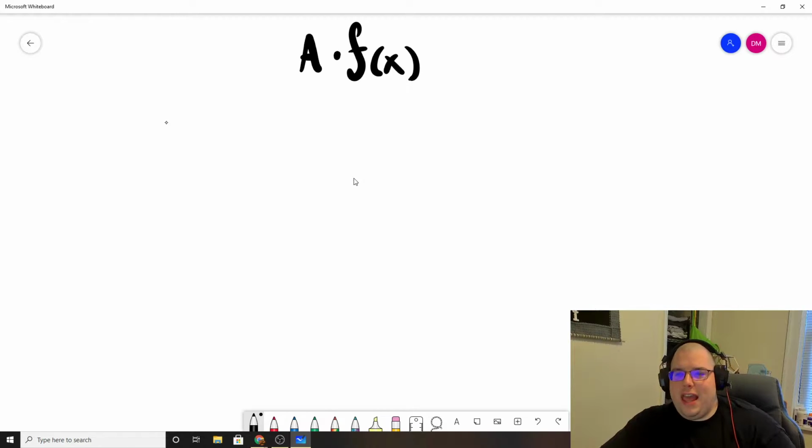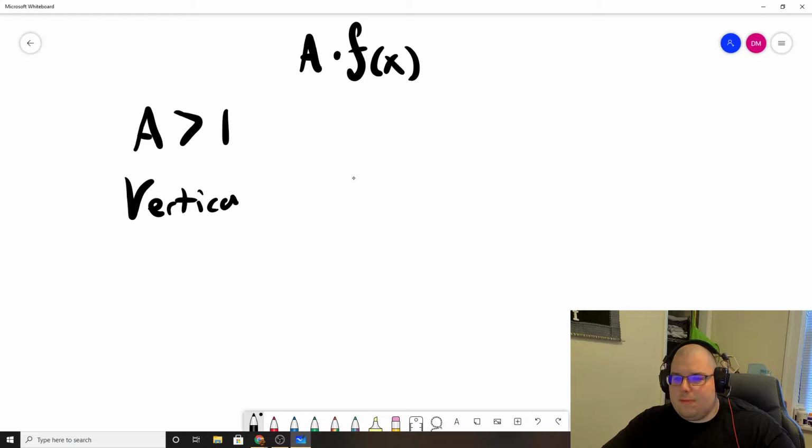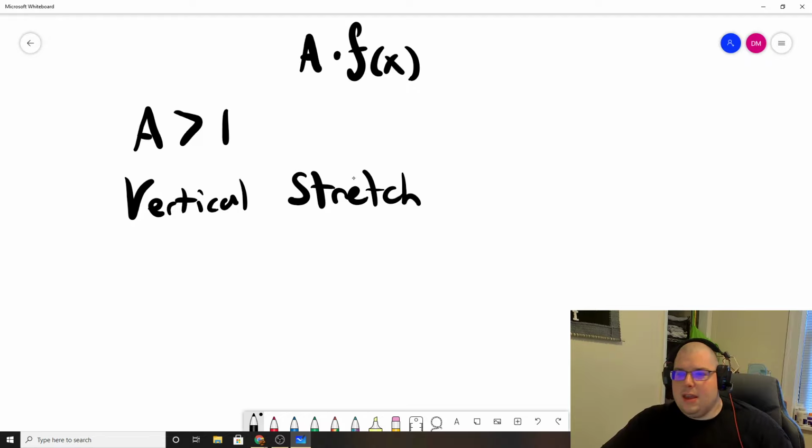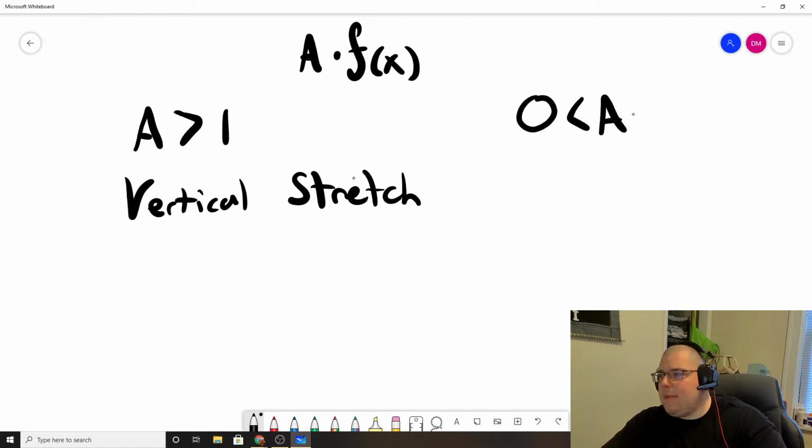If a, the number in front, is bigger than 1, then this is going to result in a vertical stretch. And if a is between 0 and 1, meaning it's a proper fraction or some kind of decimal, then this is going to result in a vertical shrink.